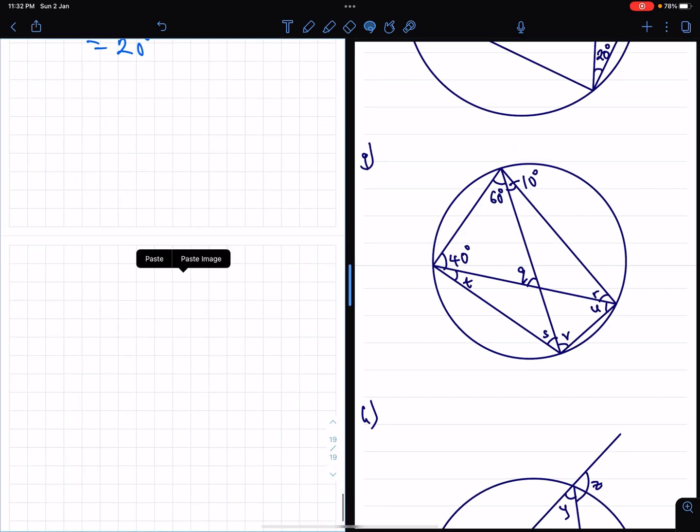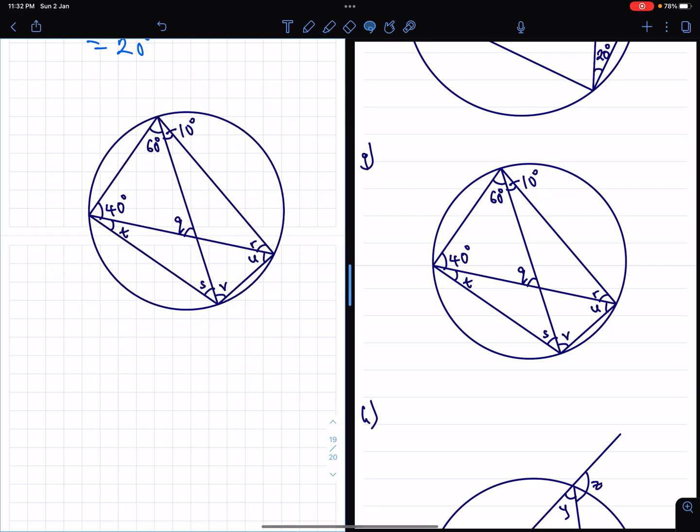That's G. Now let's see, we just solve any one that comes to mind first. Which one can I find first?